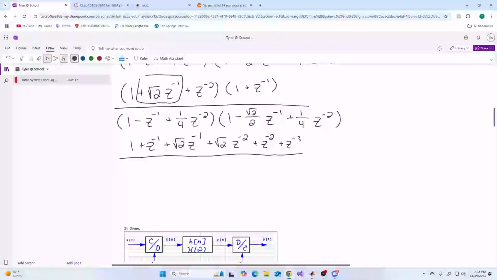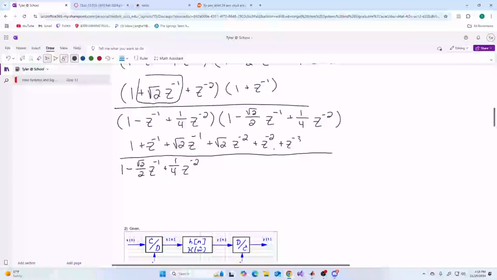Then I'm going to do the bottom. The bottom we're going to have many more terms. So let's do the 1. So I'm going to have 1 minus root 2 divided by 2 z to the negative 1 plus 1/4 z to the negative 2. Then I'm going to do the negative z to the power of negative 1.